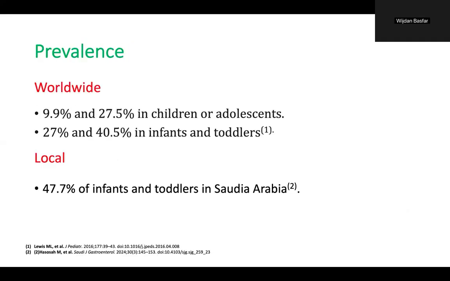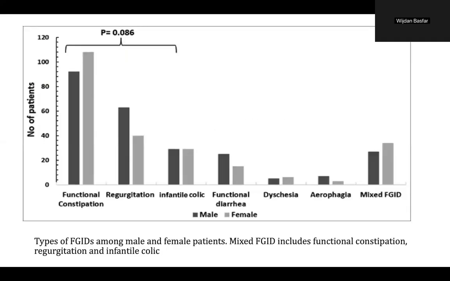How common are they? They're very common worldwide, around 10 to 27% in children and adolescents, and around 27 to 40% in infants and toddlers. A recent Saudi prevalence study shows that almost half of infants and toddlers are experiencing functional GI disorder in Saudi Arabia.